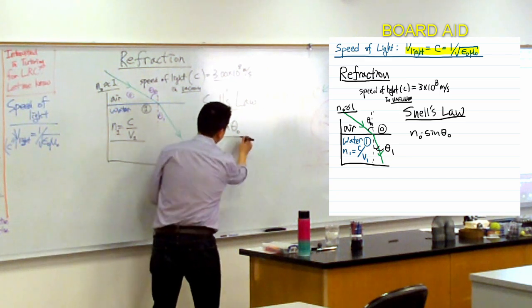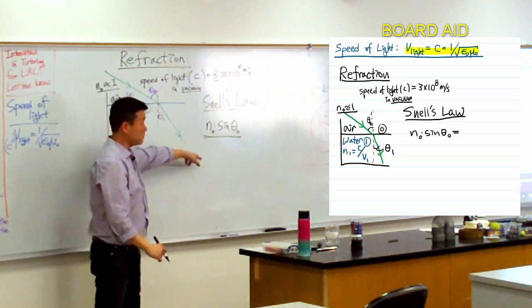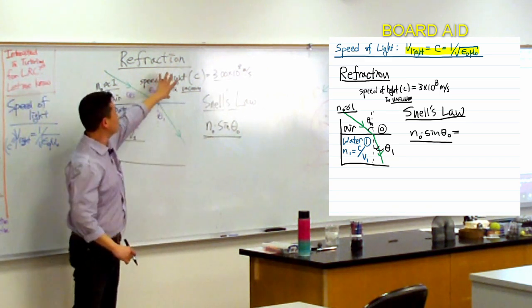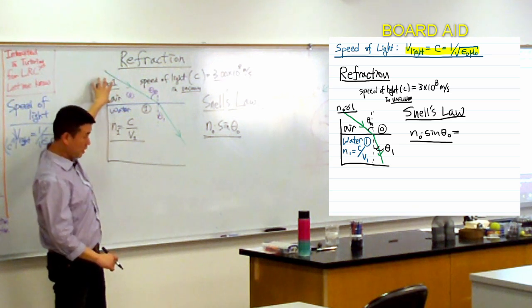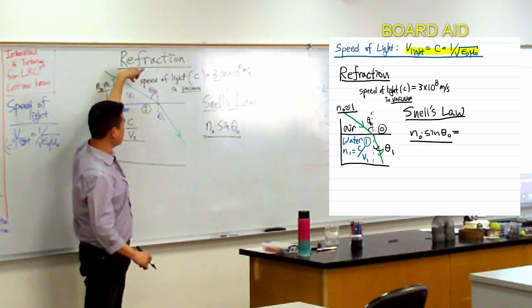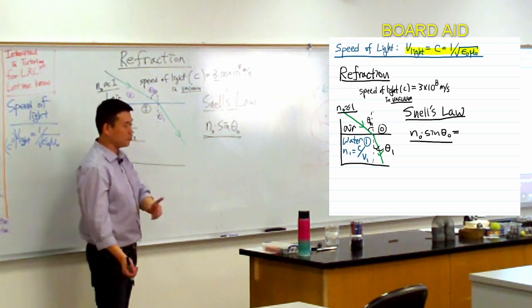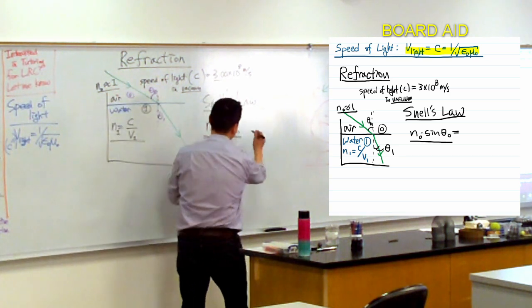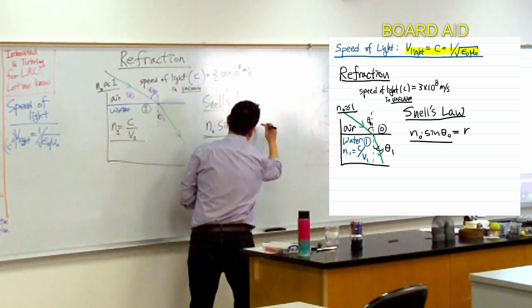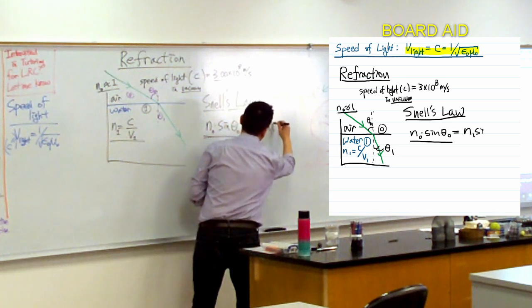This particular combination, which only involves quantities in one medium, is constant as light goes through a boundary. The way it's usually given is this is equal to n1 times sine of theta 1.